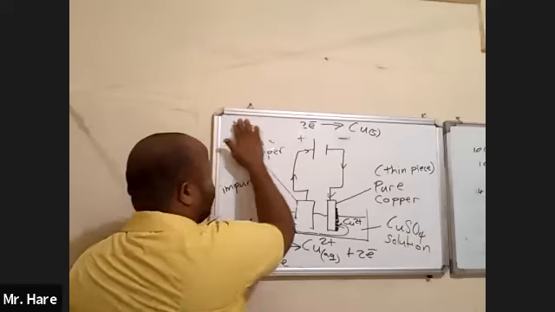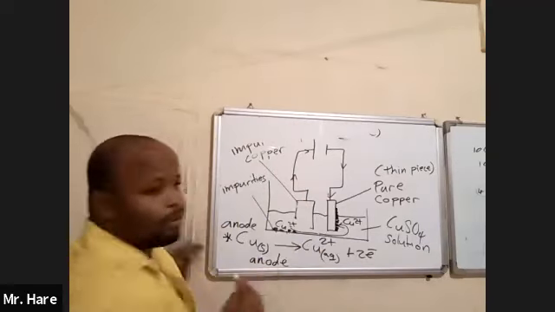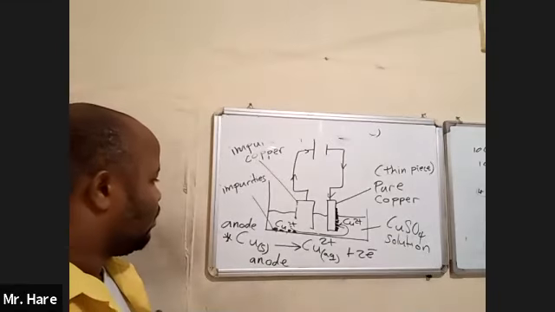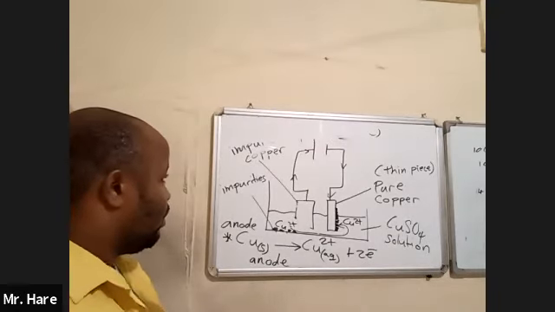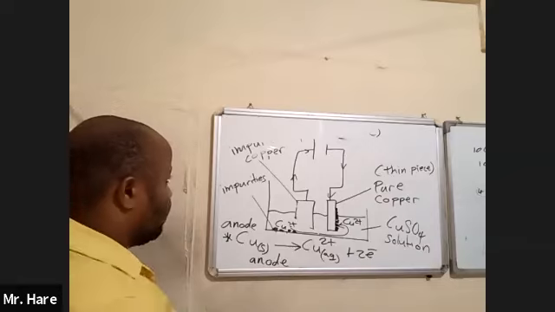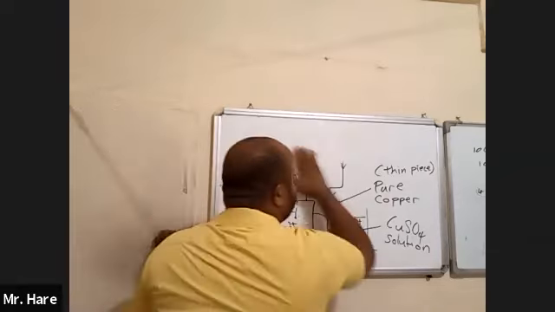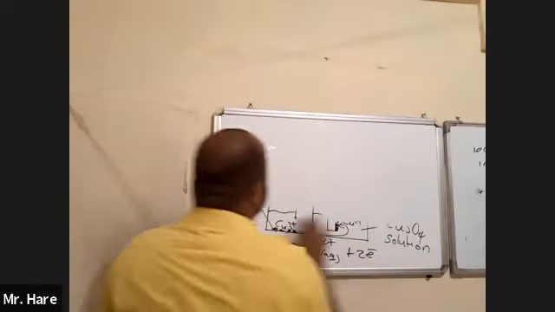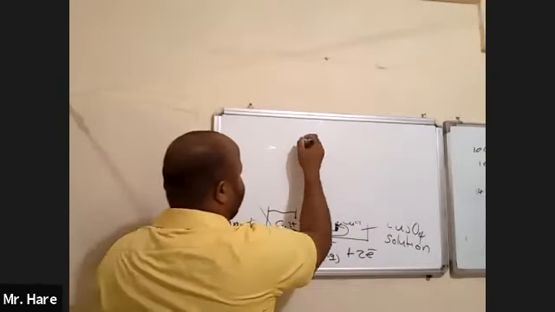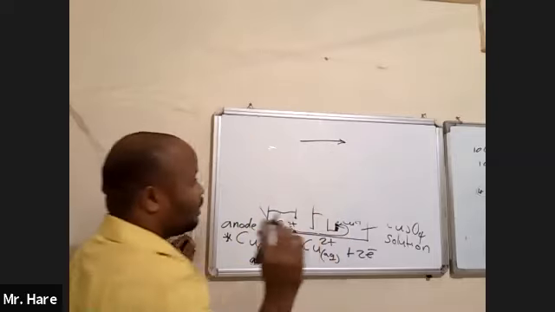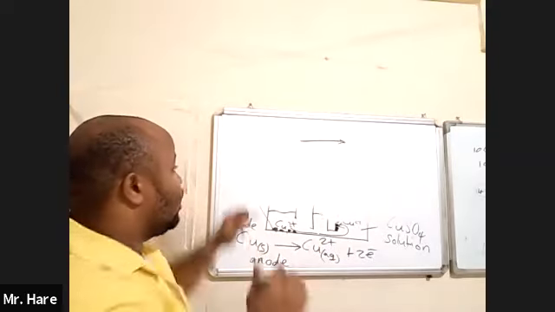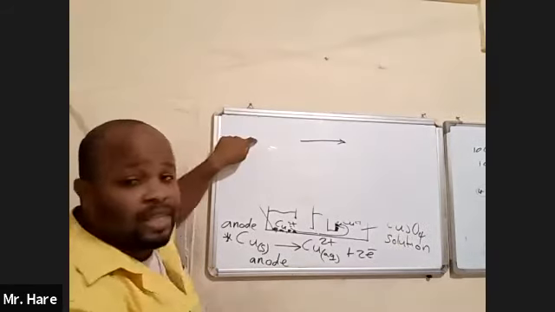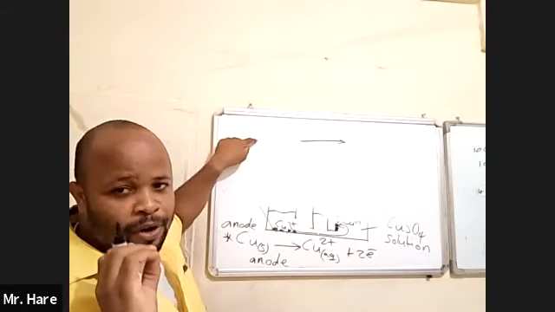Sir, I always mix up the equation, when I gain electron and when I lose electron. All right, let's just do it one more time. In electrolysis, the ions are always on the left-hand side, whether it's positive or negative.